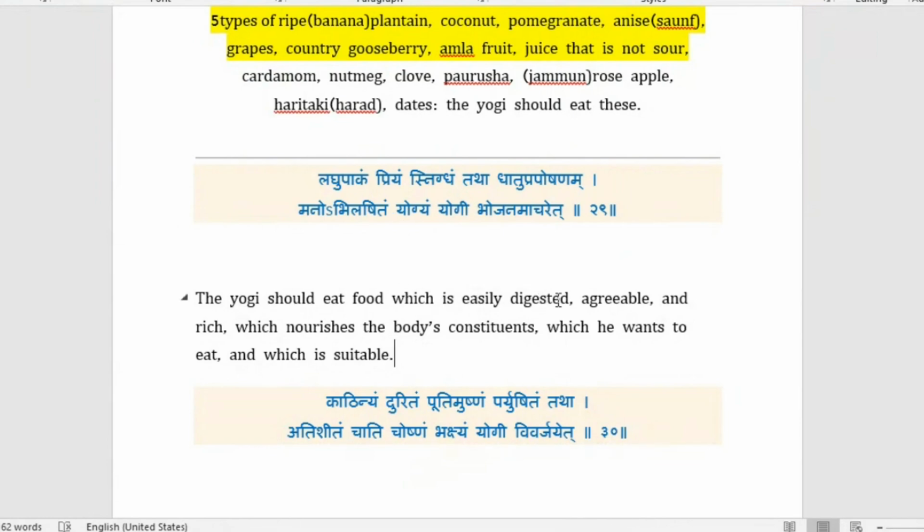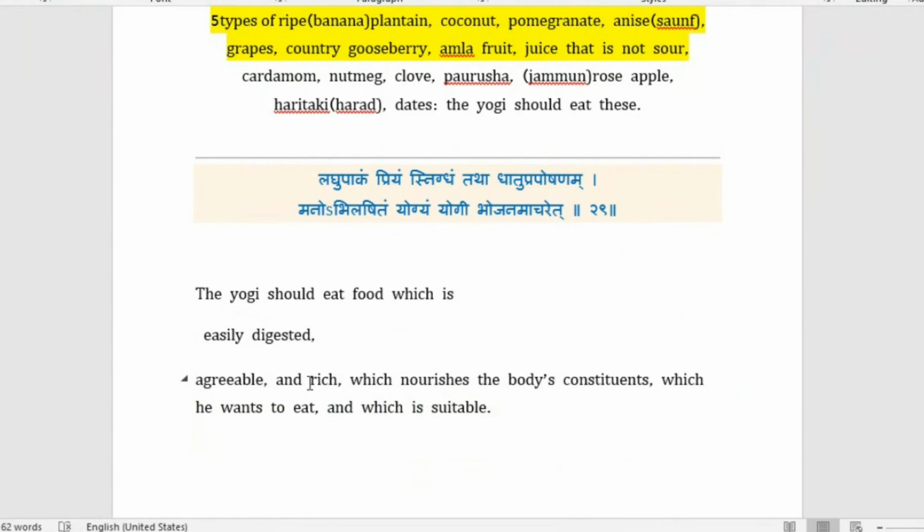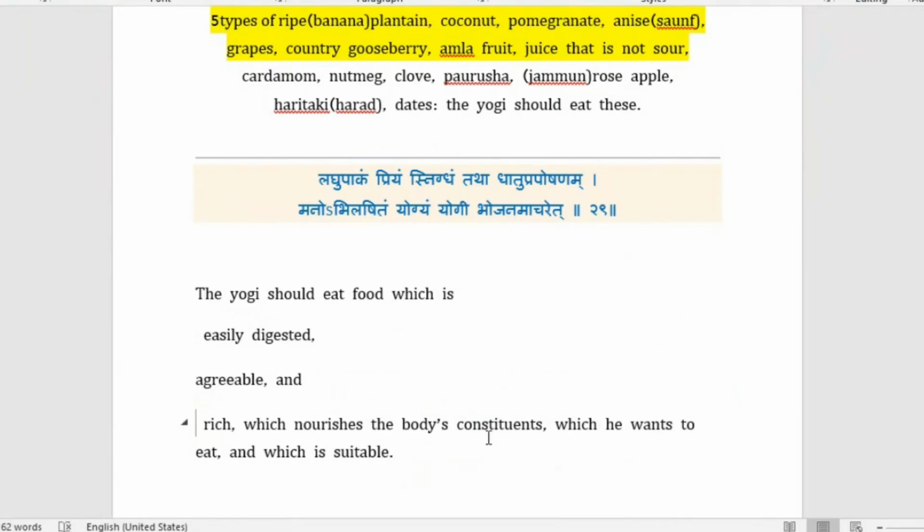It can be easily digested, agreeable, which is good to eat, and rich. And rich means it should be good for your body; it should nourish your body. Whatever is required for your body, the food should fulfill that requirement. So first, it should be easily digested. Then it should be agreeable and rich, which nourishes the body's constituents.